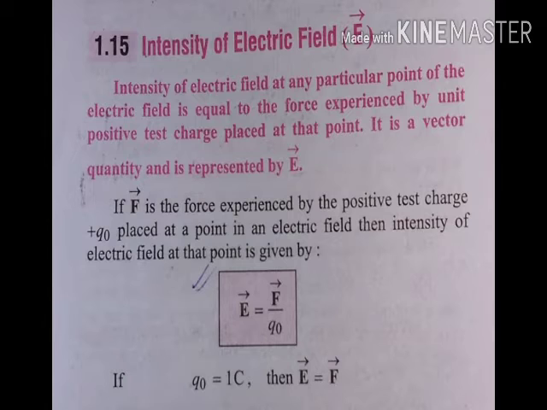It is a vector quantity and it is represented by capital E. If F is the force experienced by the positive test charge +Q0 placed at a point in an electric field, then intensity of electric field at that point is given by vector E equals vector F upon Q0. If Q0 is equal to 1 coulomb, then vector E is equal to vector F.